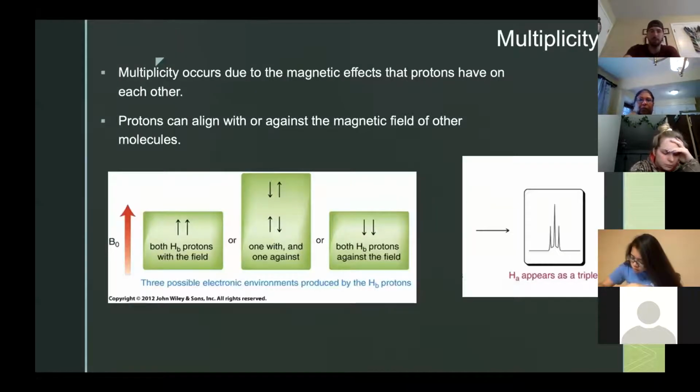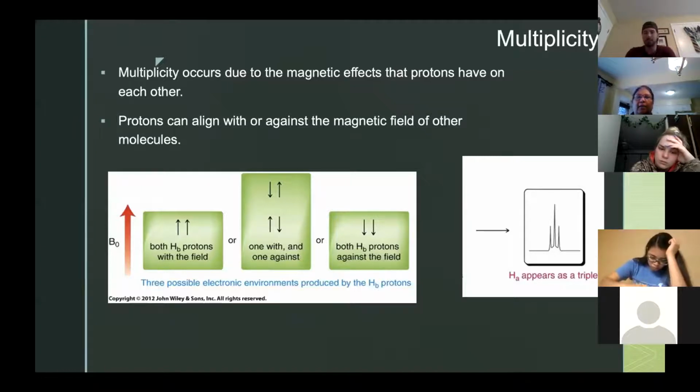So here, what causes this effect of how many peaks is magnetic effects. What's going on is these protons can either align with or against the magnetic field of the other proton that's affecting it.